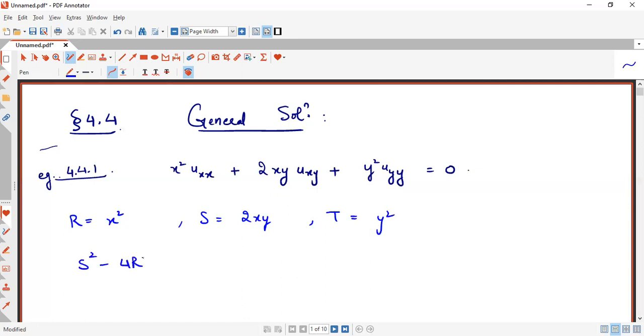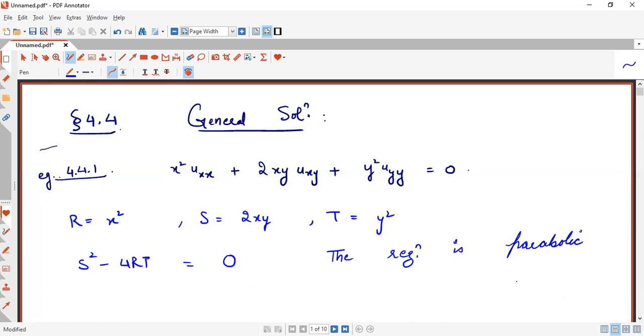S square minus 4RT, what will it be? Find it out. 4x square y square minus 4x square y square. When this equals 0, the region becomes parabolic, right? Okay.